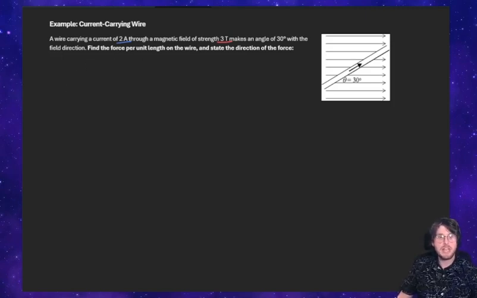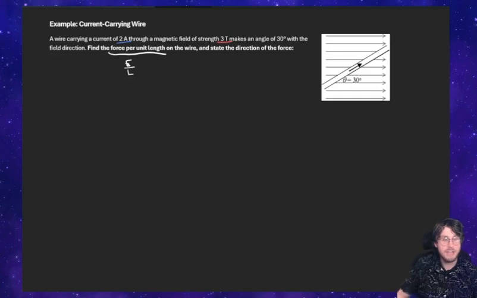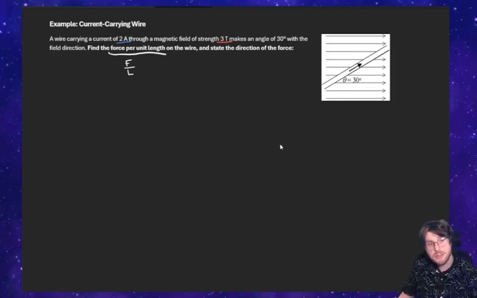Force per unit length here means that we don't really need to worry about the length of the wire. Instead, we're looking for force over length. So we can just divide the length in our equation over to the other side and call it a day. The first thing is we do have a picture here. We don't need to draw one ourselves. If a picture is given to you, go ahead and take advantage of it. Draw all over it.